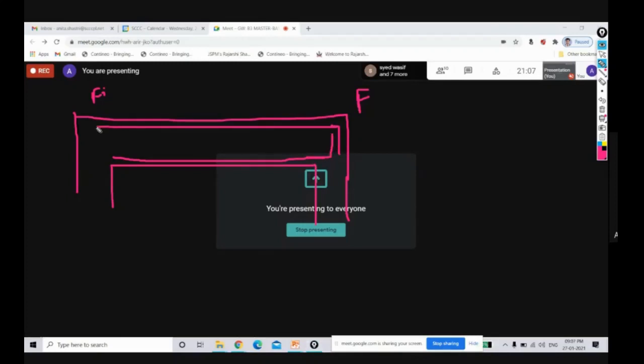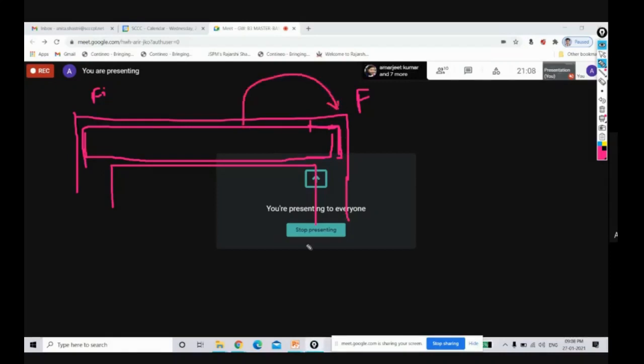Then your fixity is maintained. So what is the work of this anchor bar? Suppose I have considered the anchor bar from this position to this. Its work is to maintain the fixity, to transfer the bending moment from beam to column.